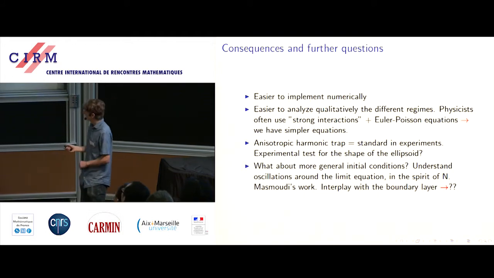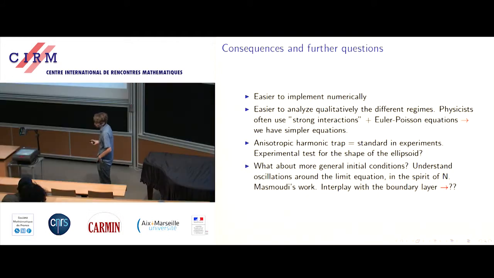And then, mathematically and also physically speaking, something we're not very satisfied about is that we have a result, say, in the spirit of Julien Barré, which means that we deal with very well-prepared initial conditions, and maybe we would like to deal with less well-prepared initial conditions, right? For this, we have tried to follow the road that was paved by Nader Masmoudi.